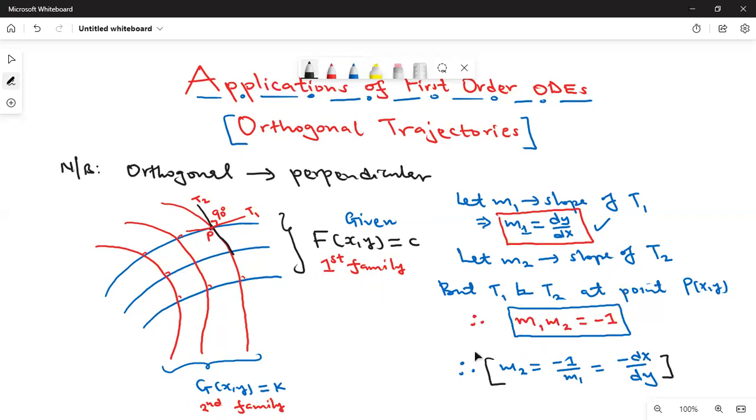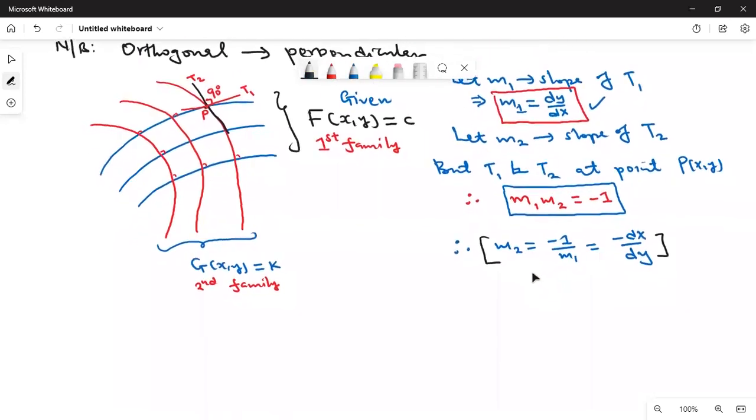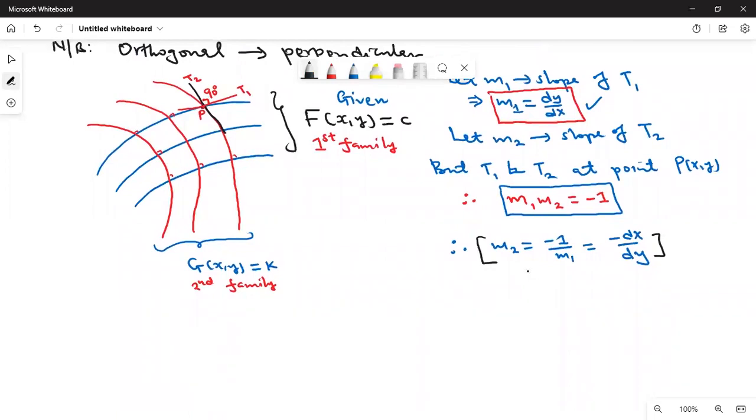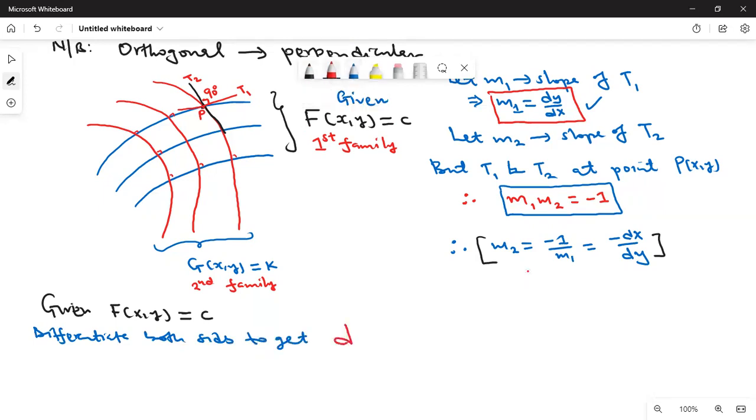So given that f of xy is equals to a constant c, if I differentiate both sides, I'm going to get df, the derivative of f, is equals to the derivative of c, which is 0, since c is a constant.